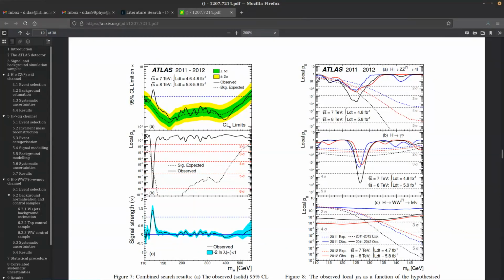And if you do that p-value analysis, this black line will be again data. Then you see that near 125, around in here, the p-value has dropped to 10 to the power minus 4.